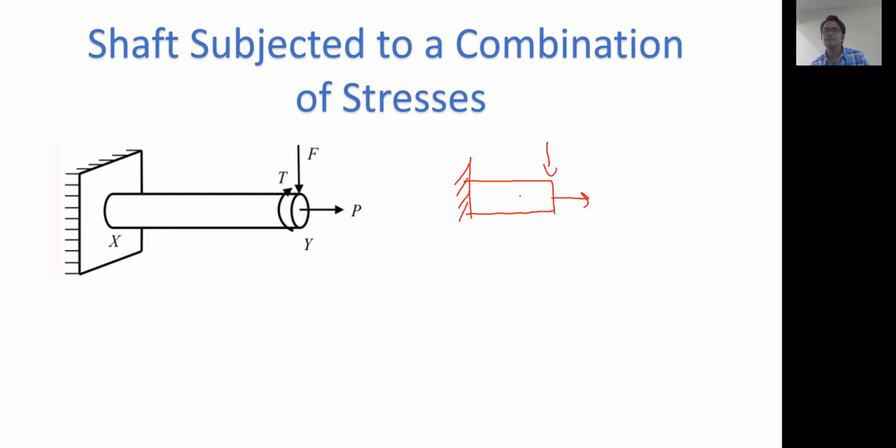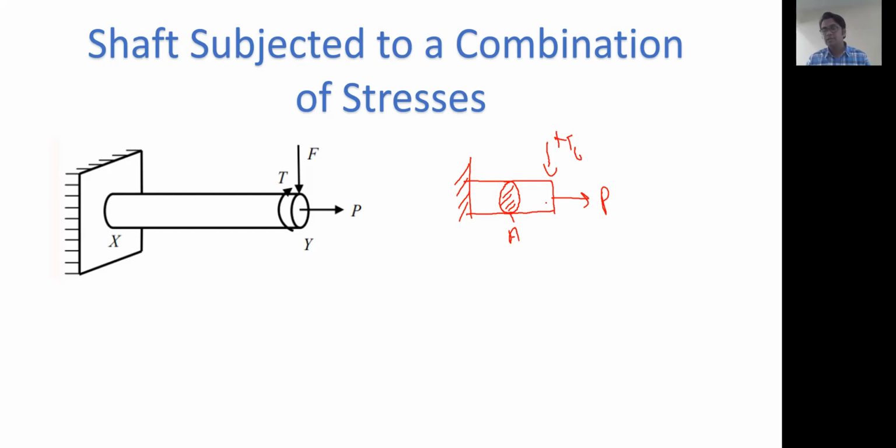Say the bending moment is MB and the axial load is P, and the cross-sectional area, as always, is A. So suppose it's the shaft, and I am going to pull it as well as bend it. Pull, bend, right? In that case, what will be the stress acting on it?